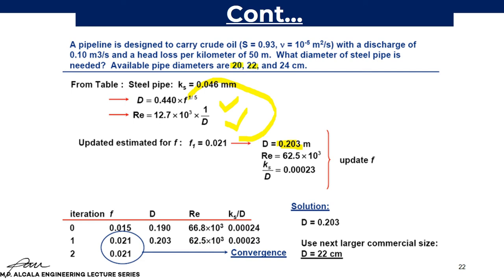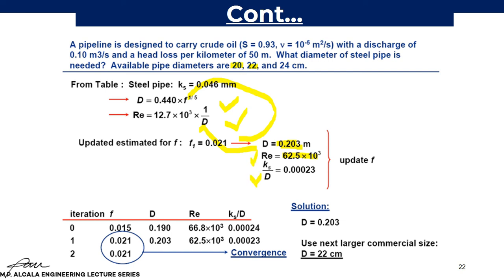So, once you get the diameter, the Reynolds number is a function of the diameter in this case. So, 0.203, input it here. So, the Reynolds number is 62.5 times 10 to the 3. And going back to your roughness coefficient of 0.00023, using again this now, the Reynolds number and the new roughness.